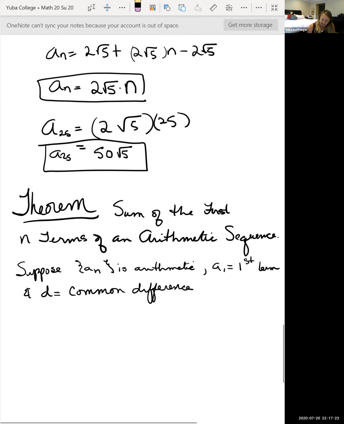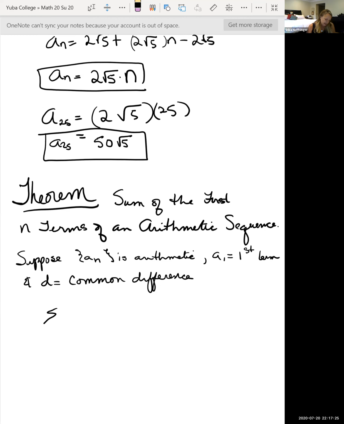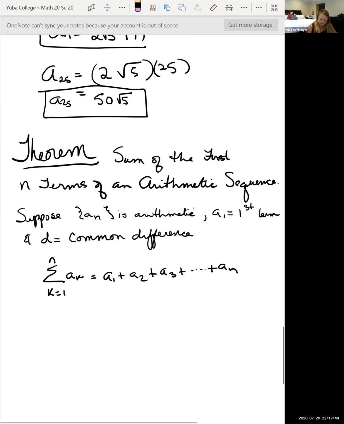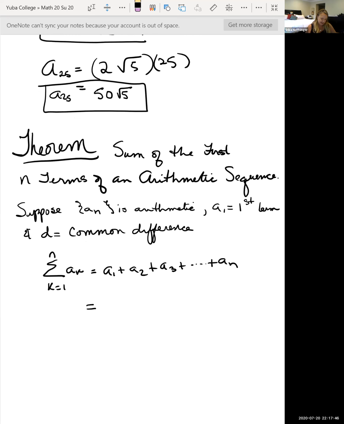Then the summation of a sub k, k equals 1 to n, is equal to a sub 1 plus a sub 2 plus a sub 3, dot, dot, dot, plus a sub n. So summing all those n terms. It ends up that this is the same thing as n divided by 2 times 2a sub 1 plus n minus 1 times d.